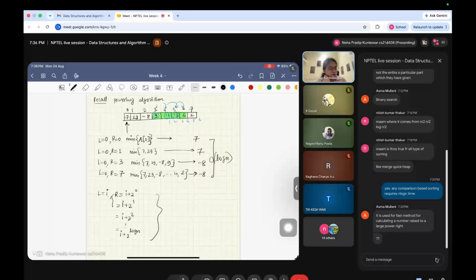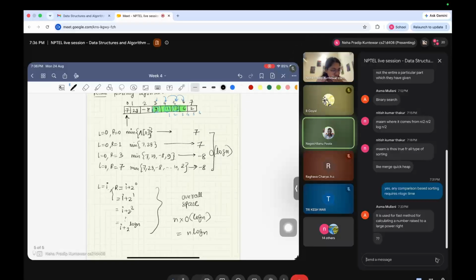And for every possible value of L, L ranging from 0 to n minus 1, each of them takes log n space. So overall the space is n times order log n, which is n log n. So this is still better than n square. We are not using n square space.